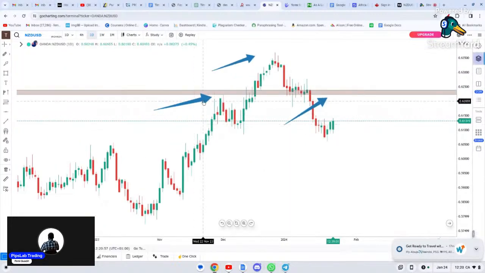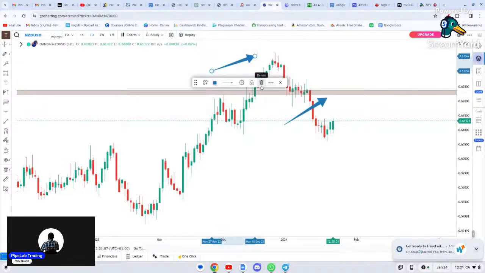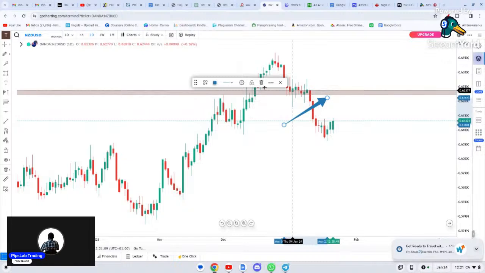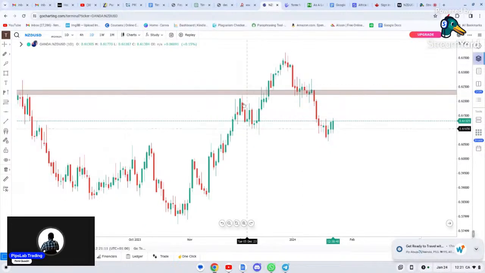As we can see here, let me remove these arrows. So this is more like one shoulder, the left shoulder. Then we see a downward movement here. Let me use my pencil.